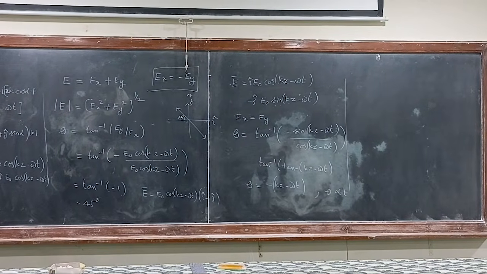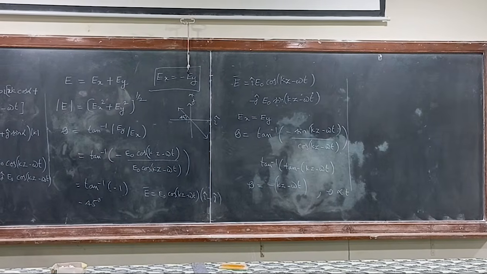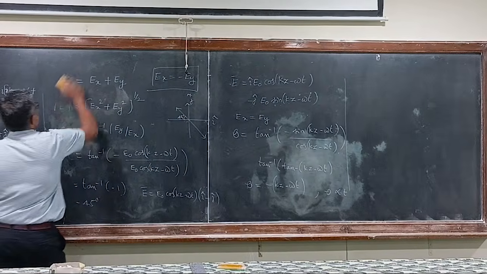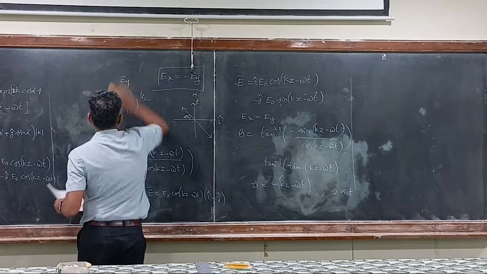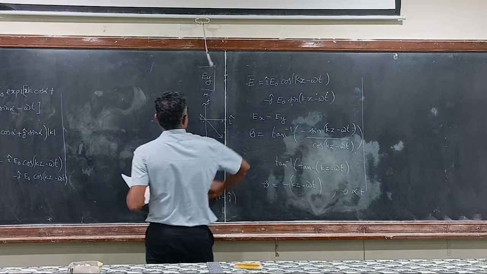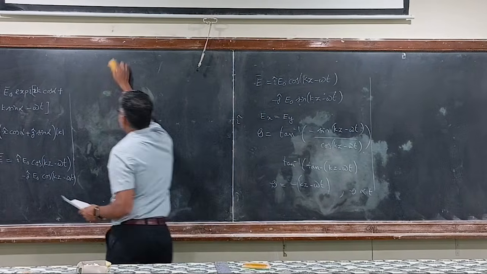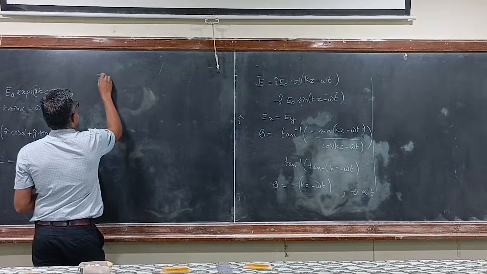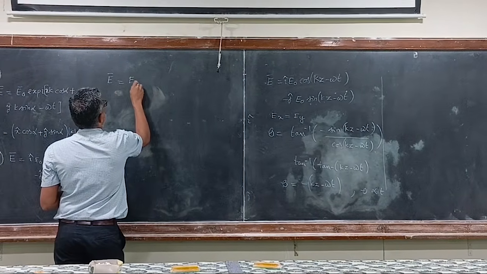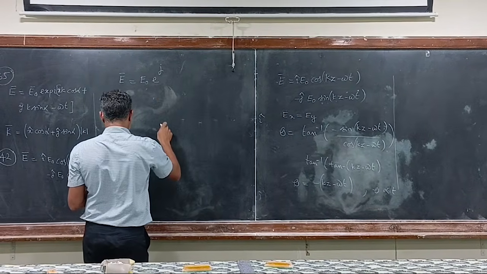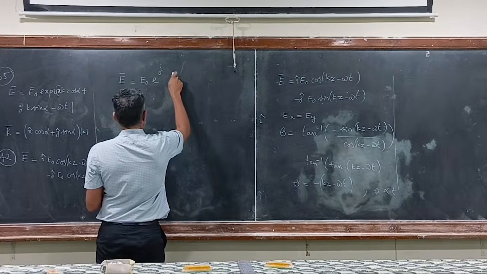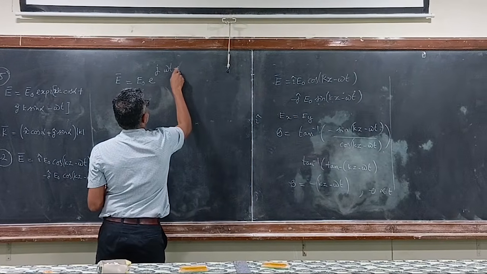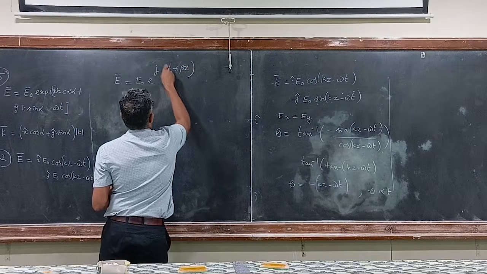So for the third problem, the polarization of a wave with electric field. I hope you can give the answer right now. Take your time. The electric field E is given as E0 e to the power of j(omega t plus beta z).